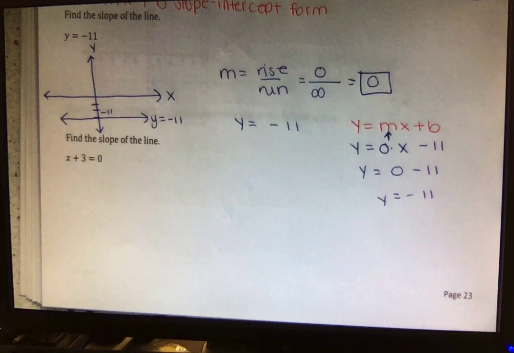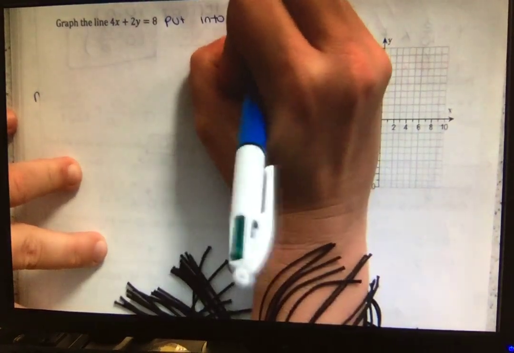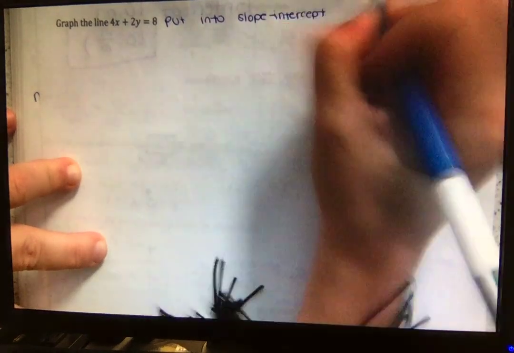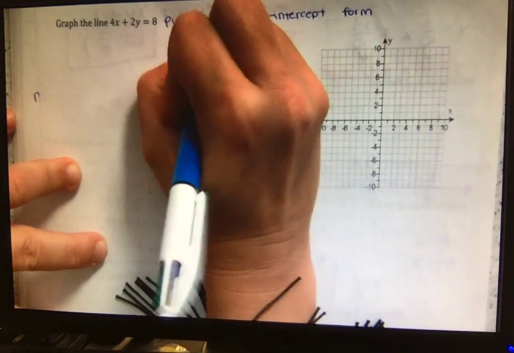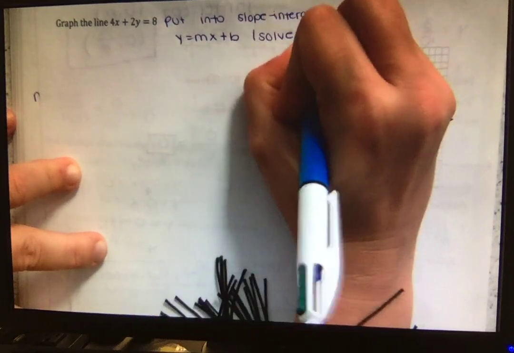We have to graph the line 4x plus 2y equals 8. Is this in slope-intercept form for me? No, so we have to put it in slope-intercept form, which is y equals mx plus b. So I want to solve for y to get y by itself.